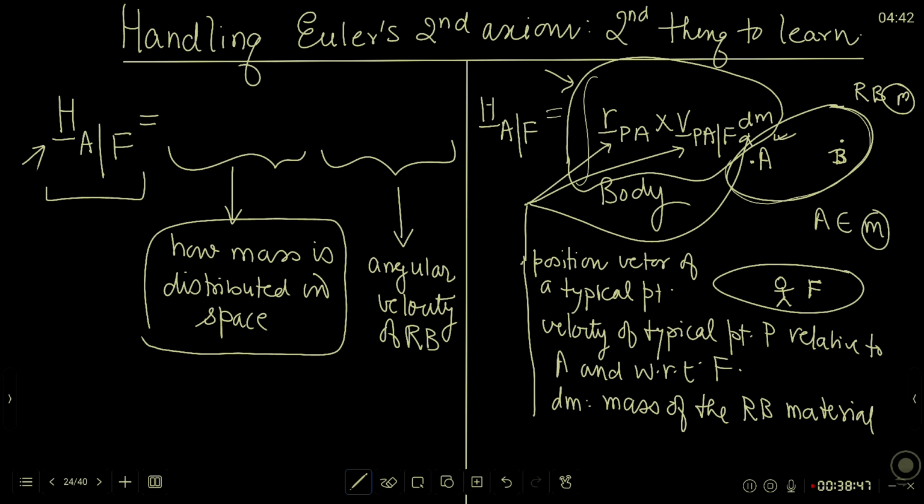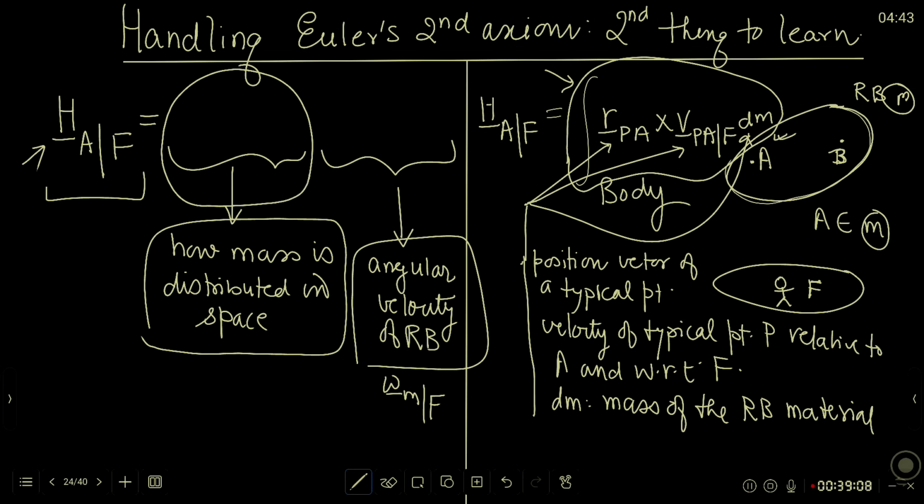If it is possible, then the convenience would be that this part you can compute once and for all. You do this computation once and you can use it for all time instants. Angular velocity of course can change with time, and we will handle that, but not repeating this computation for every time instant will be very convenient.